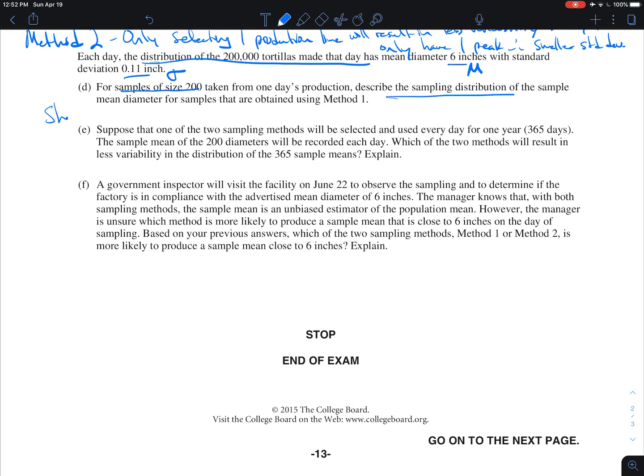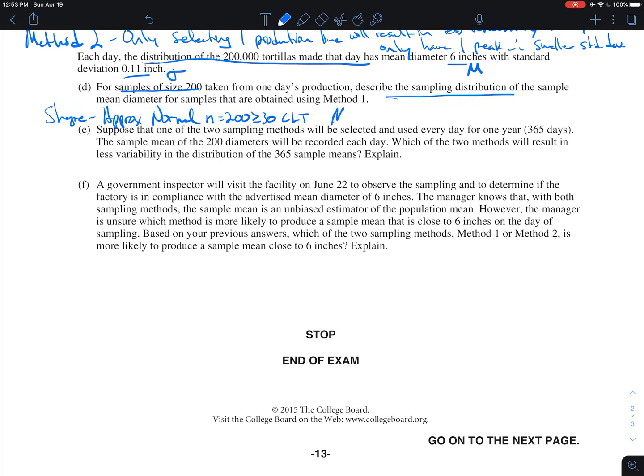The shape is going to be approximately normal, even though it comes from these two different groups, and it was ultimately bimodal to start with, because n, which is 200, is greater than or equal to 30. Central limit theorem tells us that the sampling distribution is going to be approximately normal.